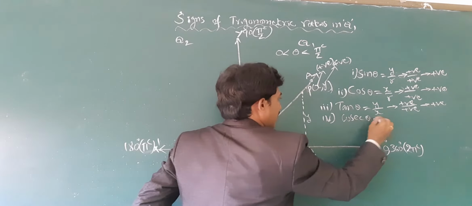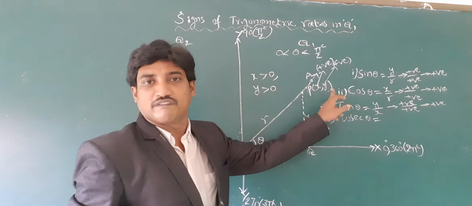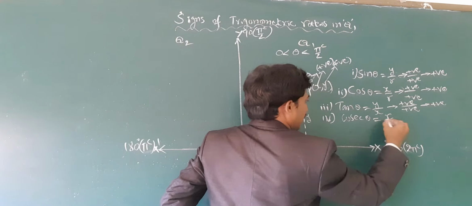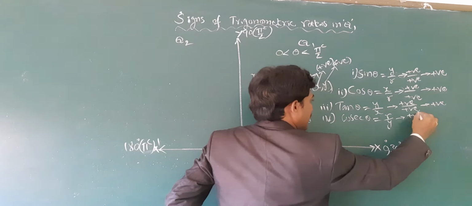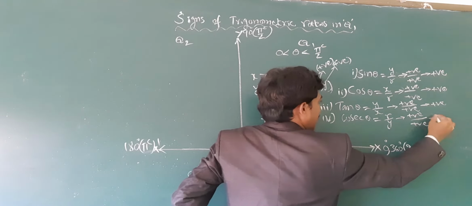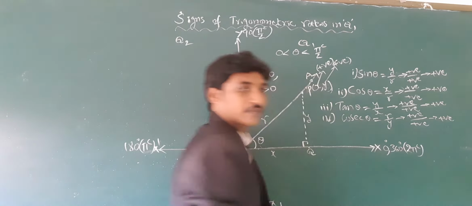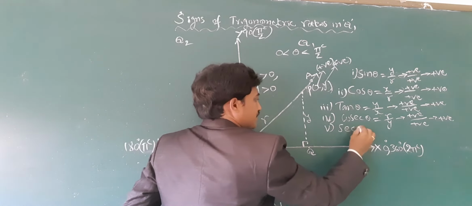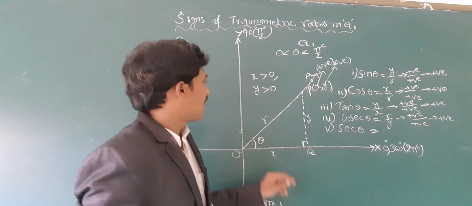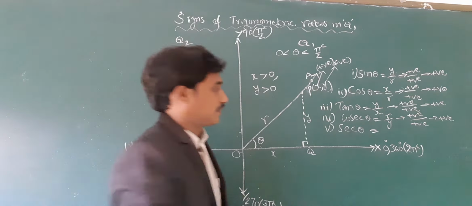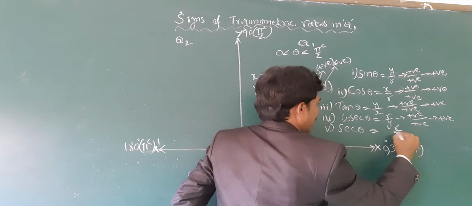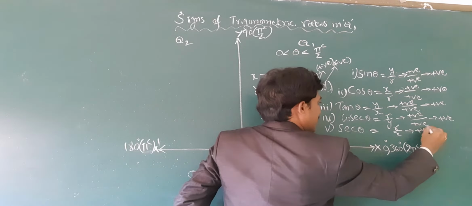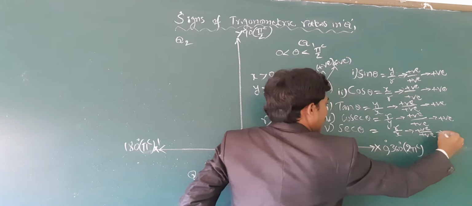Cosecant theta is R by Y. That is positive quantity by positive quantity, we get positive. Secant theta. Secant theta is R by X. R by X means positive quantity by positive quantity, we get positive.